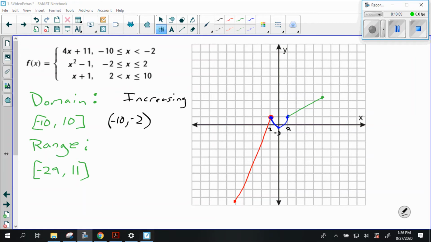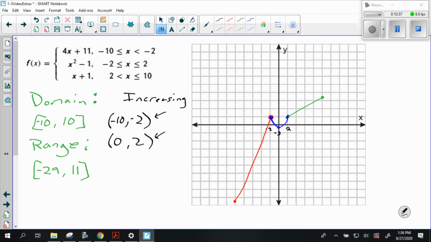And it's increasing from the interval from 0, right? From x equals 0 there at the vertex of our parabola all the way up to 2. Now you'll notice that I've used parentheses and not brackets. And that is because at the point -10, it's not increasing yet, right? So we can't include that. After -10, it begins increasing. So those are going to be parentheses for that reason.